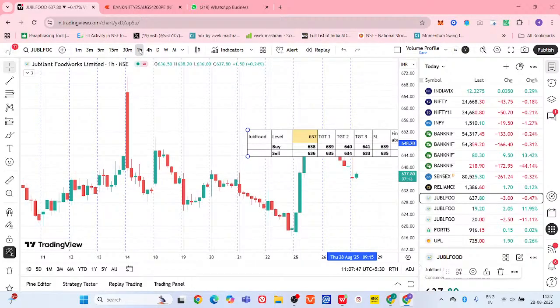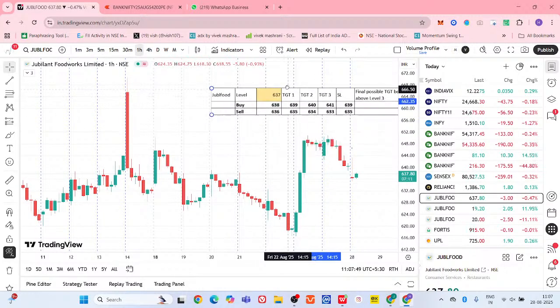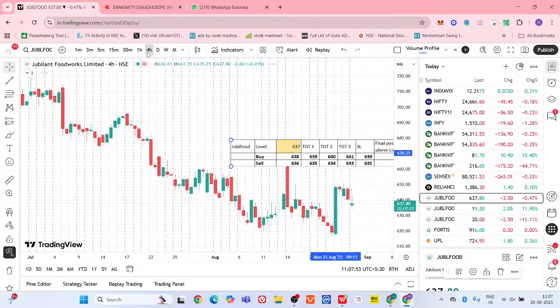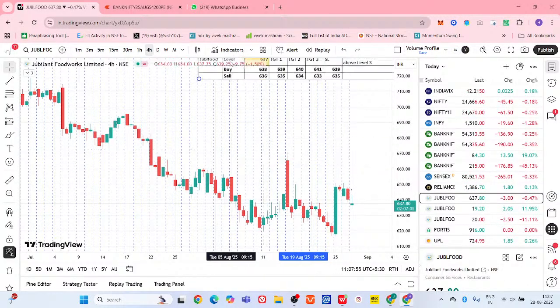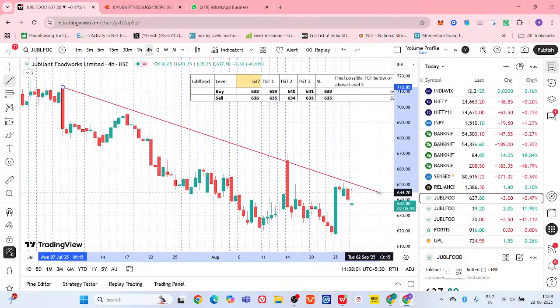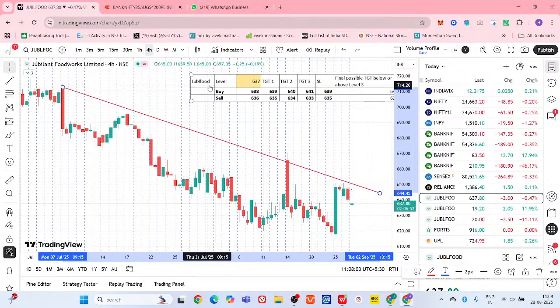Now let me take an example, Jubilant Food. What is happening in Jubilant Food? If you notice, it has been coming down. So what is the trade setup? It is a sell setup. Simple, no? Just taking 4 hours: here a sell came, here selling came, here again selling came.